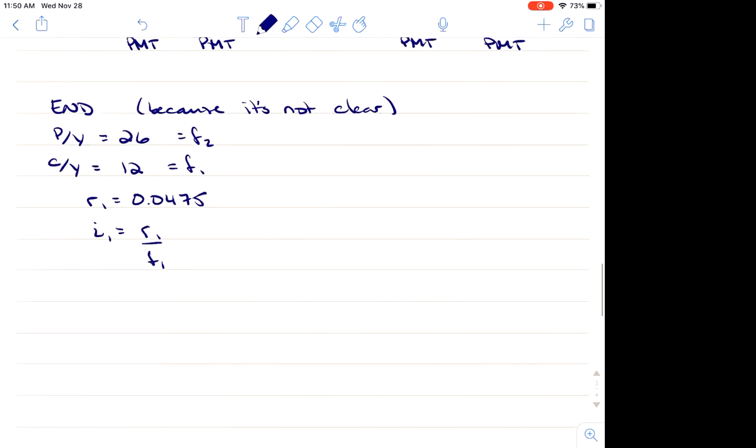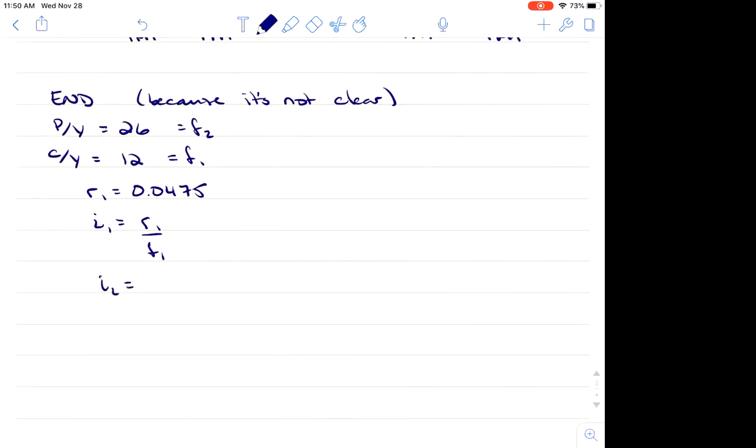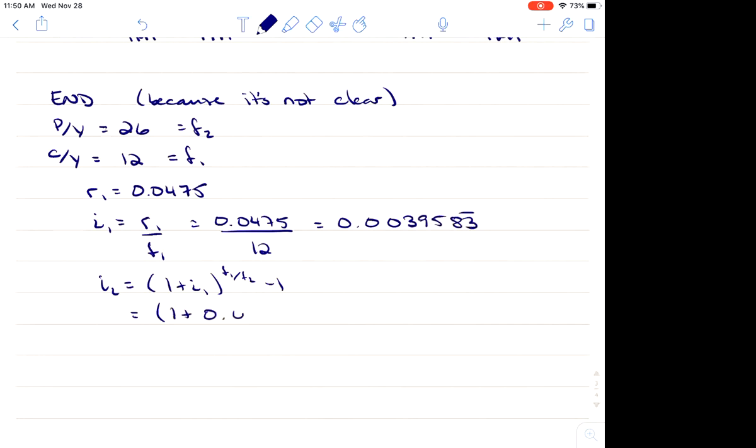Okay. So I2 is 1 plus I1 to the power of F1 over F2, minus 1. Forgot this step. 0.0475 divided by 12 is 0.003958, repeating. 1 plus 0.003958, repeating, to the power of 12 over 26, minus 1.